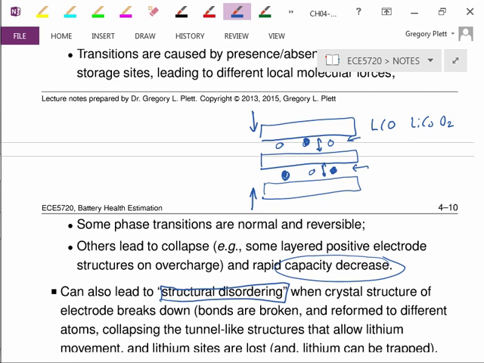It's possible with the stresses and strains and collapses and so forth, for some of the bonds that make up the crystal structures to break down, and they could reform in different ways. So where I had a nice, beautiful crystal structure with things all beautifully connected, well, something could break and I could connect this to somewhere else instead, and I lose the ability to store lithium because I've lost a lithium storage site.